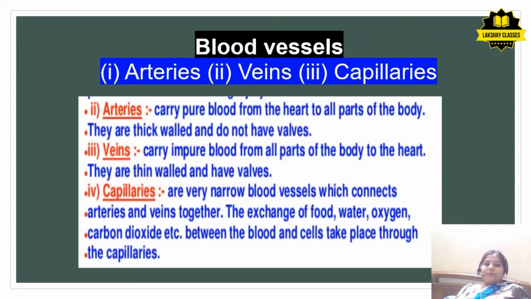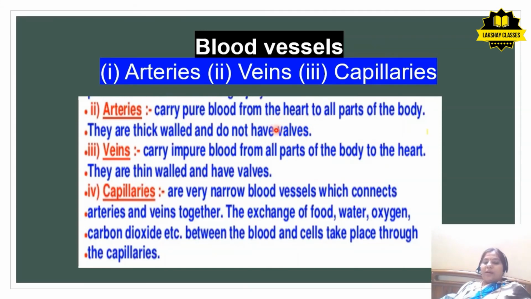Valves means, if this is your pipeline, the blood is flowing in the pipes inside our body and those pipes are called blood vessels. If the pipe is not having any door, that door is actually the valves.